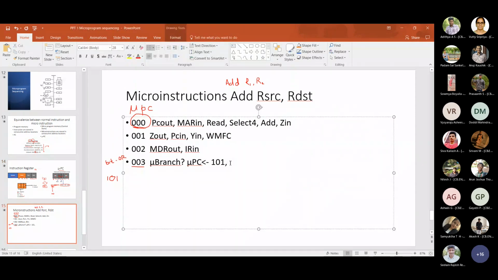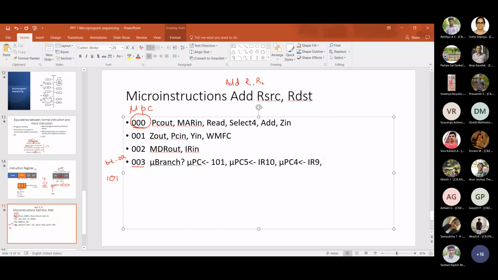Okay, so when you write it like this, MUPC 3, 4, 5. 5 will be equal to IR10. Then you can also write it along with me. Then MUPC 4 is what? It is IR9.